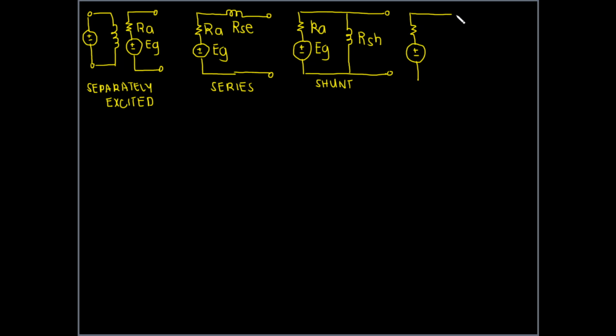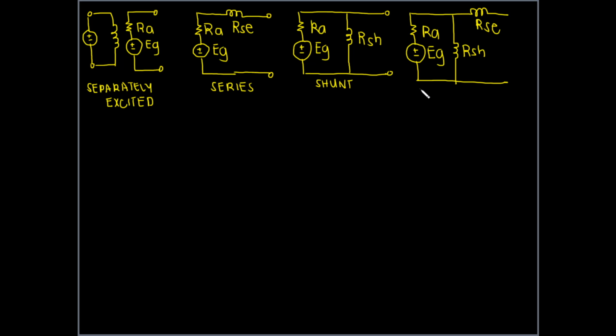It is making use of both the series field and the shunt field windings. So the first type has this diagram wherein you have the series field here outside going to the output, and this is the location of your shunt field.